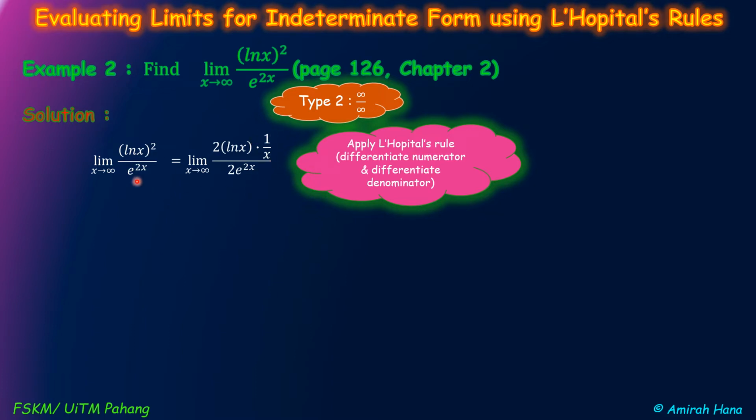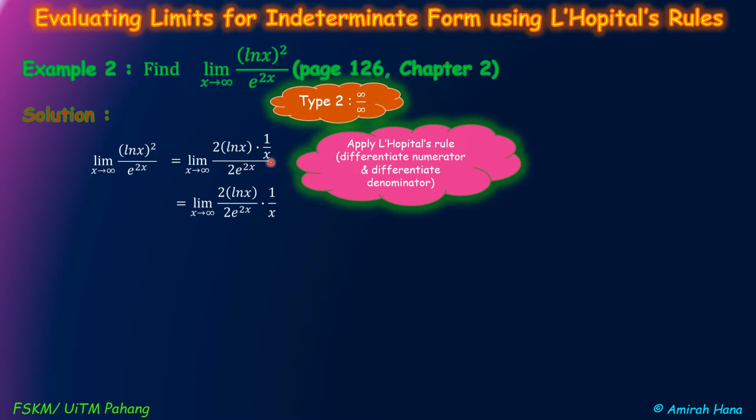And then we differentiate the denominator. We can use the exponential rule to differentiate e to the power of 2x. First, we copy e to the power of 2x, and then we differentiate the power, that means we differentiate 2x, so we have 2 here. Then we have a fraction in a fraction, so we can simplify.